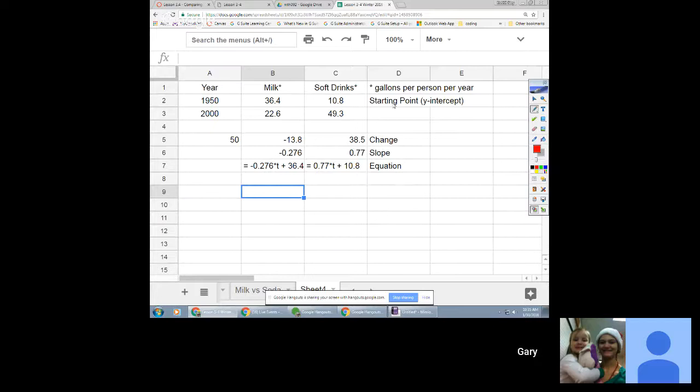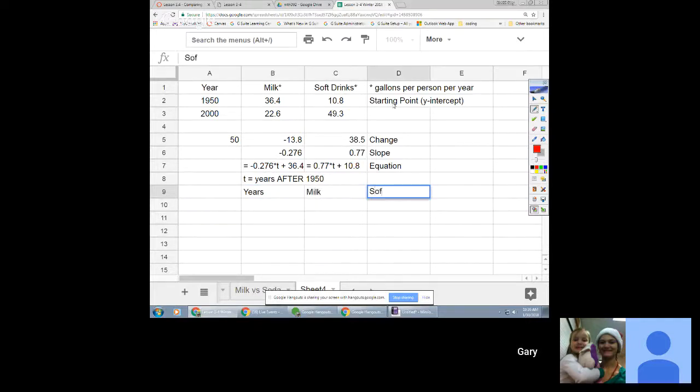So now I'm going to make a new table. An important thing about the new table is what T means here. So I think underneath I'll make a note. T is going to be years after 1950. So underneath here, I'll put years, milk, soft drinks.